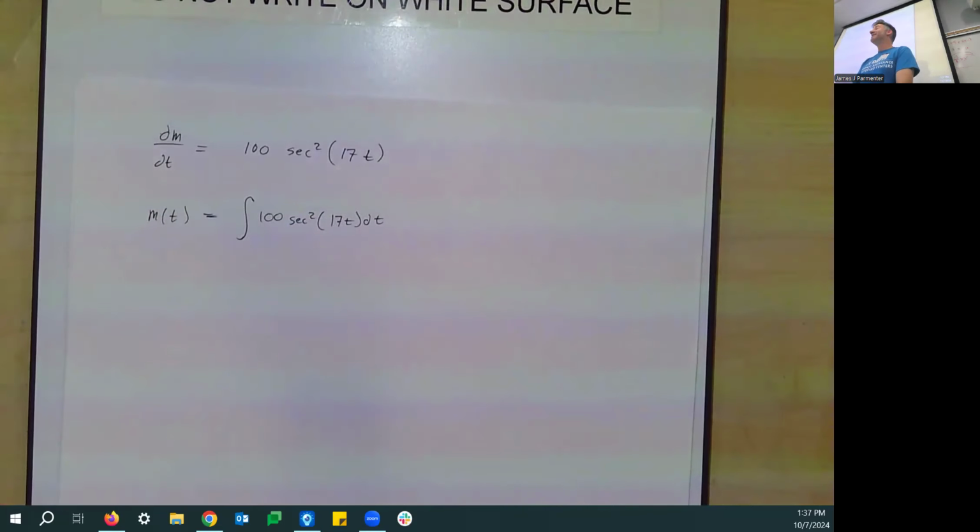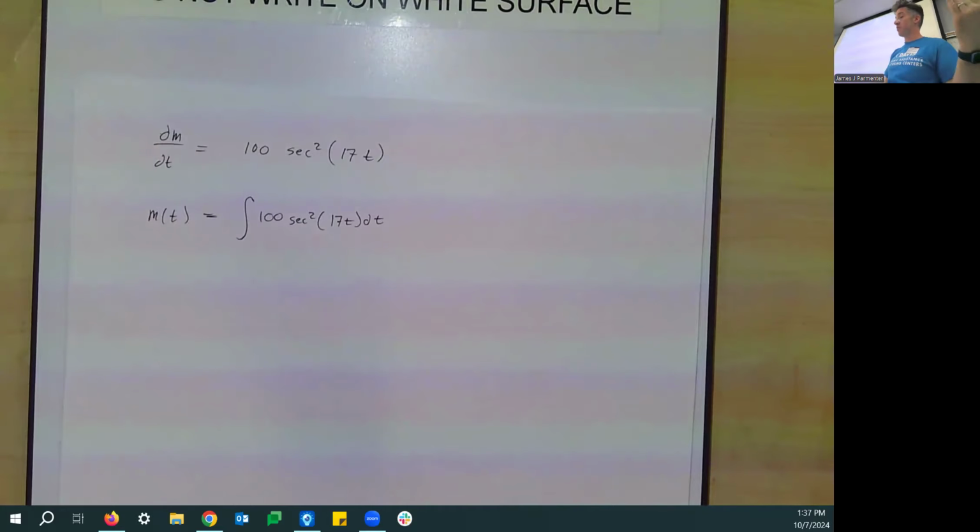If you were to differentiate this, eventually at the end of the process, you end up multiplying by 17, because the chain rule will tell you to multiply by the derivative of the inside, and the derivative of 17t is just 17. So I already know that I'm going to end up dividing by 17 at the end of the day. My answer should be some antiderivative divided by 17.